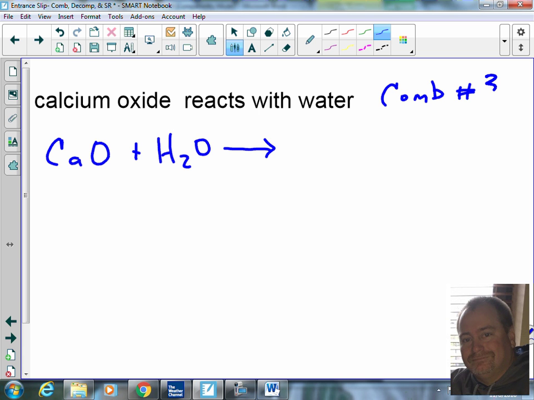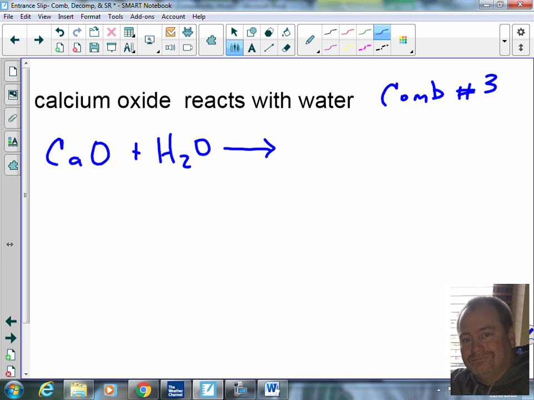Combination number 3. So at least we're finding the right places where we need to be. Now, as I go on combination number 3, it says an active metal oxide. What does that tell me? Active metal oxide. It's got to be group 1 or 2, which is right on your outline, correct? Is calcium a group 1 or 2? Yes. So I meet my specifications.